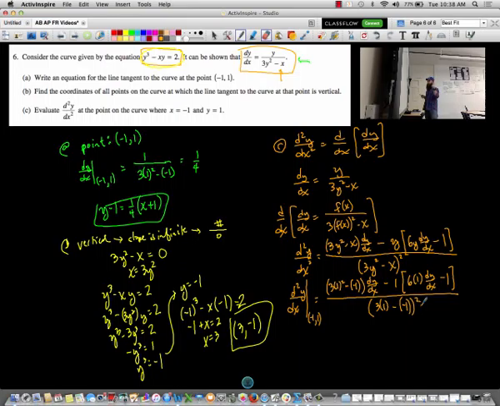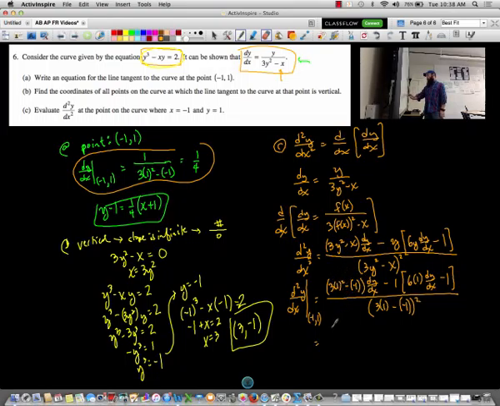However, we can actually replace that dy/dx with its value at the point -1, 1 if we simply take that point and plug it into the derivative. Now the nice thing is we've already done that in this problem. We did it in part A. The derivative at -1, 1 is 1/4. So everywhere I see the dy/dx, I'm going to replace it with 1/4 because that's the value of this derivative at -1, 1.